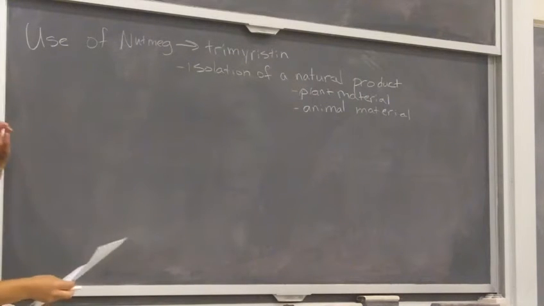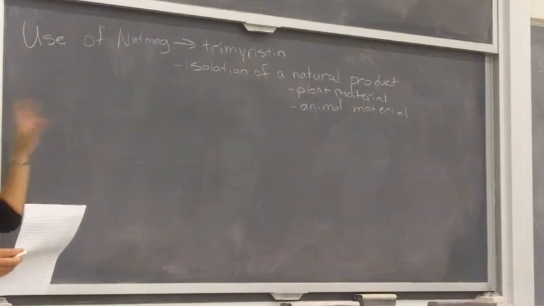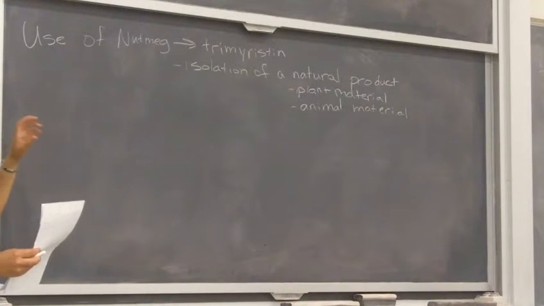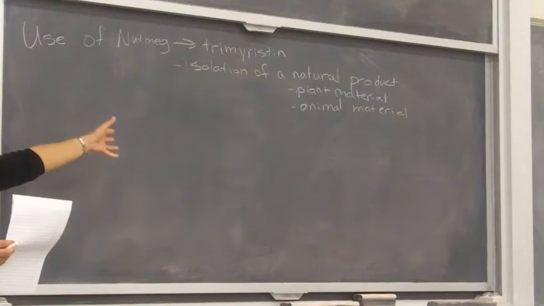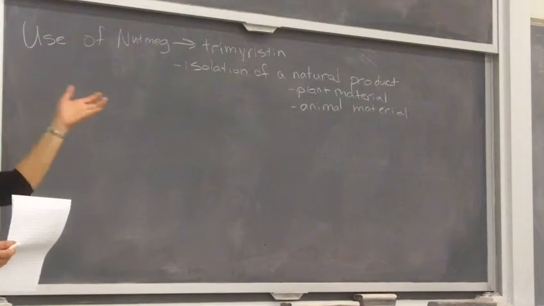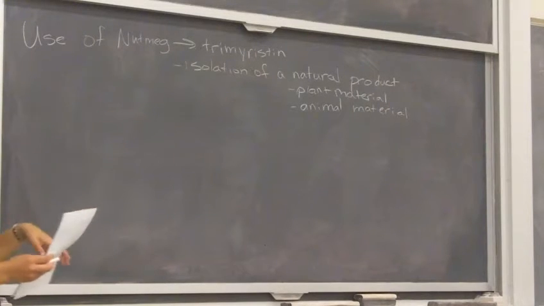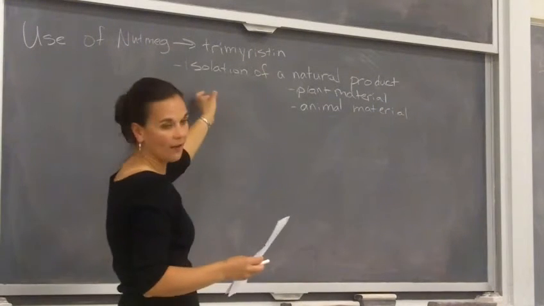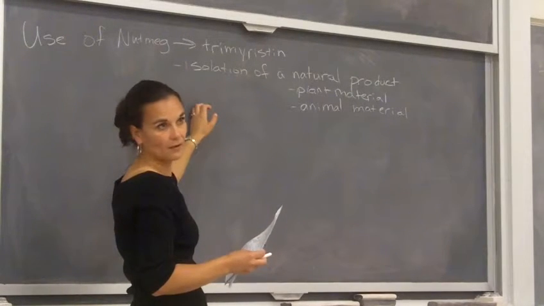Now, in terms of organic chemistry, usually when you're looking at something that is a natural product, you would want to go, okay, we've isolated this trimyricin, now what could we use it for, either pharmaceutical industry or some other industry? What would we then take on this natural product to do something better for us, okay?